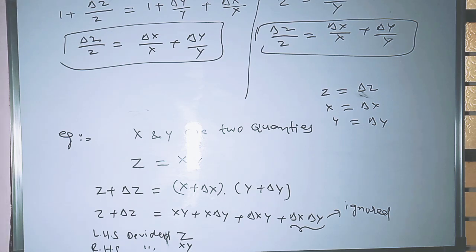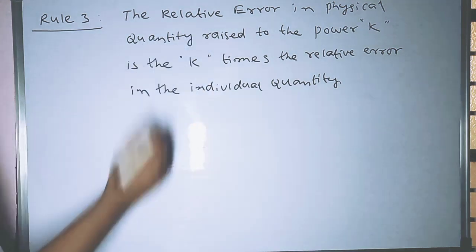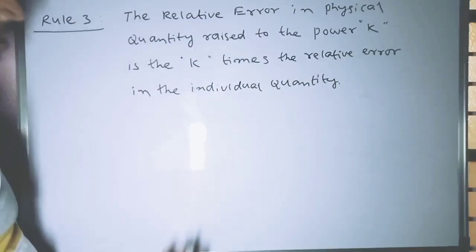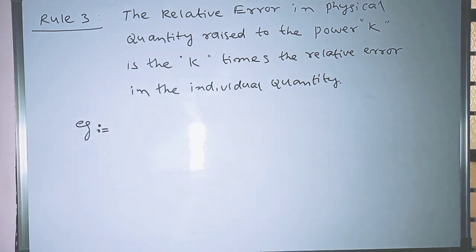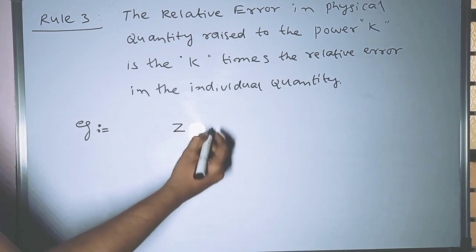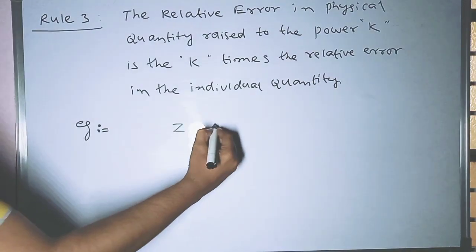So now we go with the third rule. This is rule 3. The relative error in a physical quantity raised to the power k is k times the relative error in the individual quantity. For example, Z is equal to a power k.